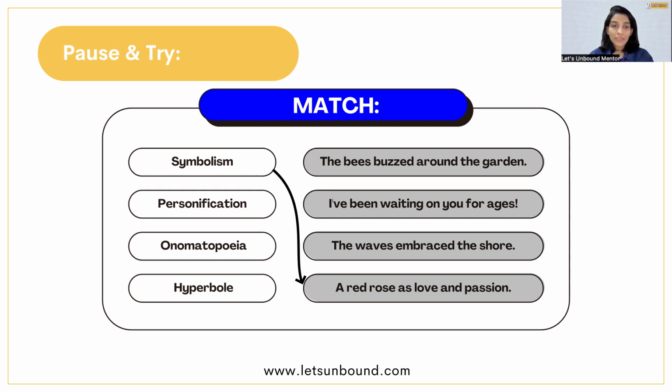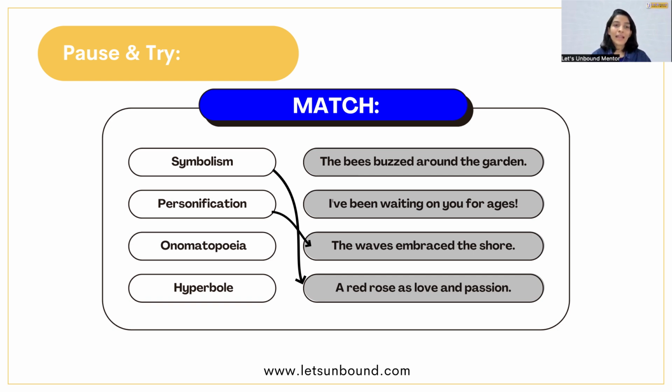Next is personification. So, personification should be the waves embraced the shore. Now, the waves are given the human ability to embrace, suggesting a gentle and affectionate interaction with the shore, enhancing the imagery of the scene.